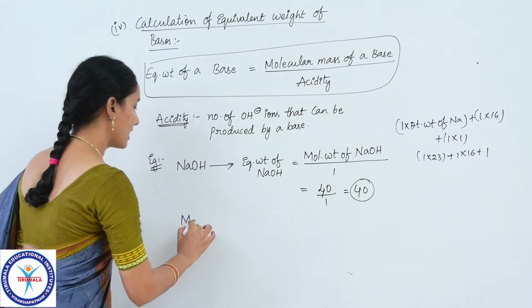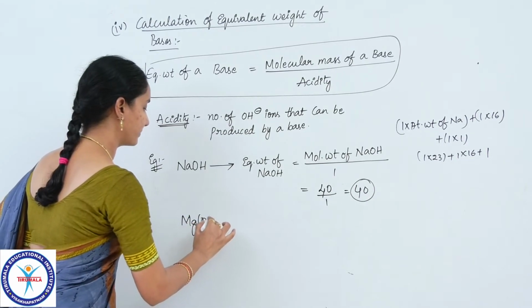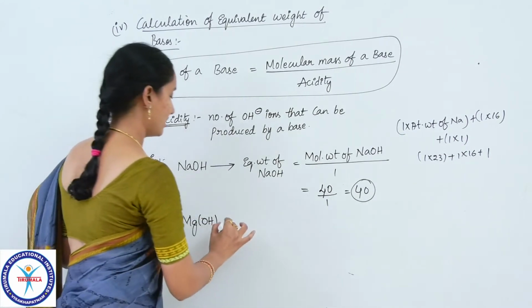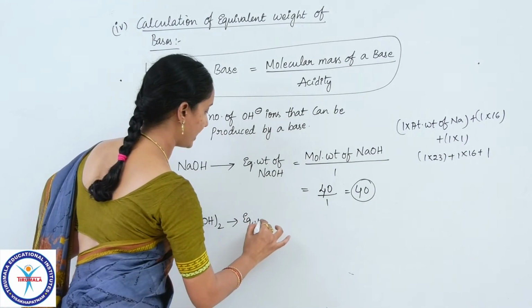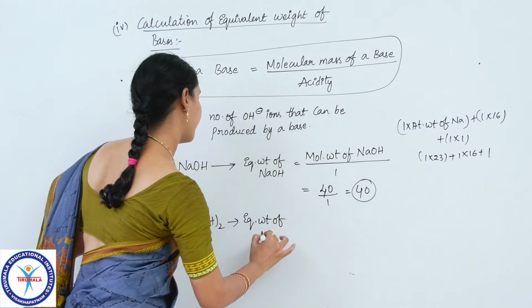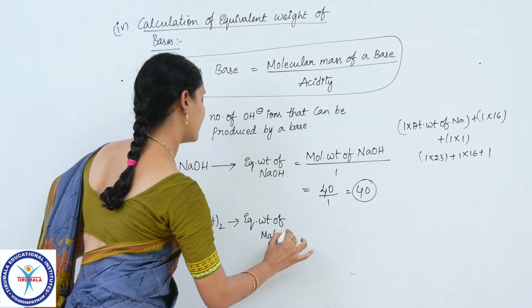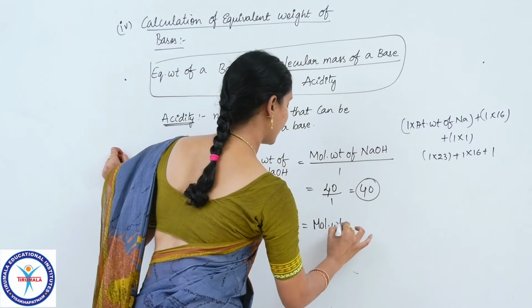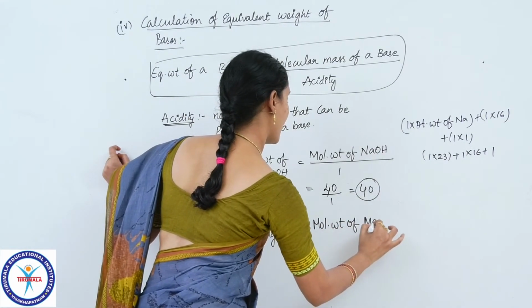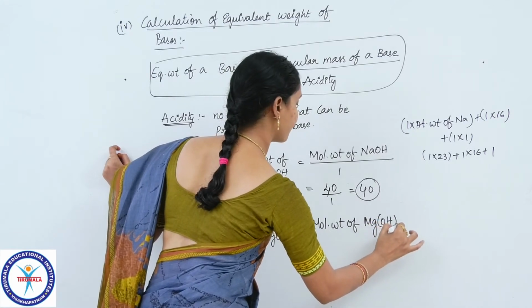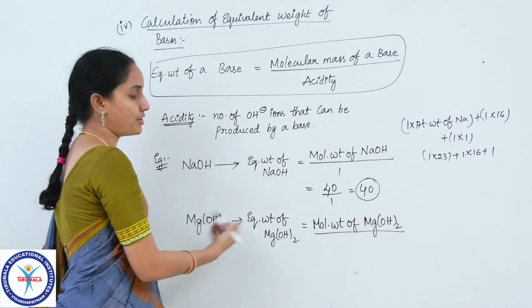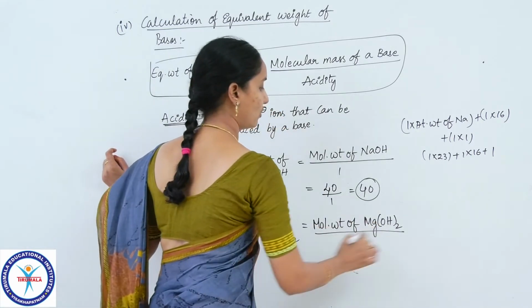Similarly, if you take Mg(OH)2, children, magnesium hydroxide, then equivalent weight of Mg(OH)2 is equal to molecular weight of Mg(OH)2 upon how many OH minus ions it can produce? 2. So divided by 2.